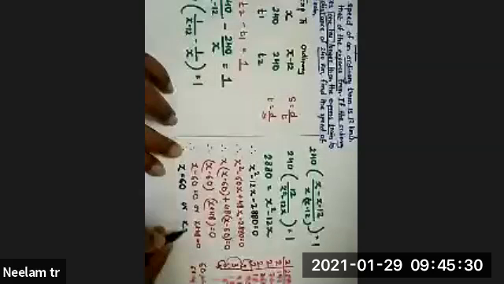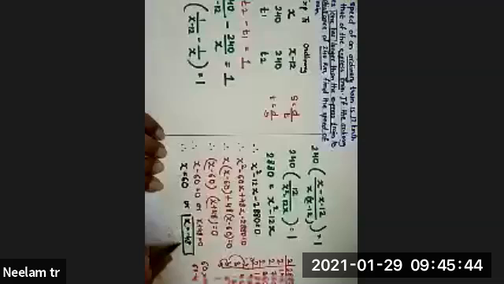Okay. One value you will get is 60, and the other is minus 48.